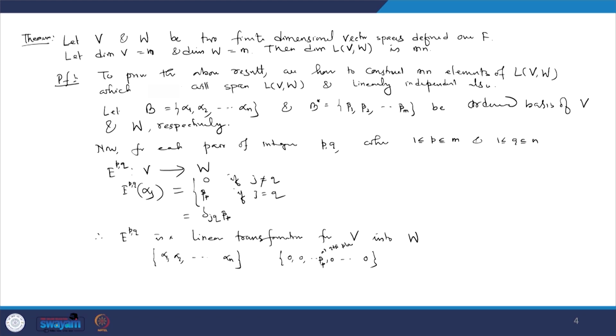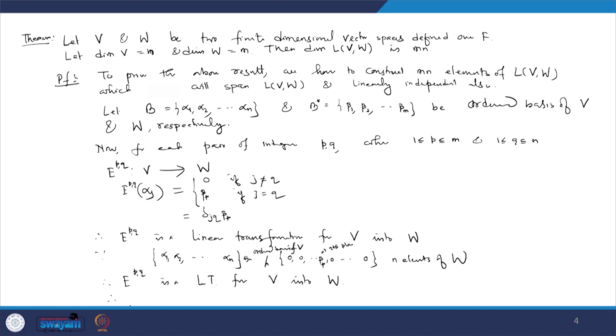So, based on that, I can say that E_PQ, the way it is defined from V to W, is a linear transformation, since this is an ordered basis of V and n elements of W, and this function is mapping between these two sets.